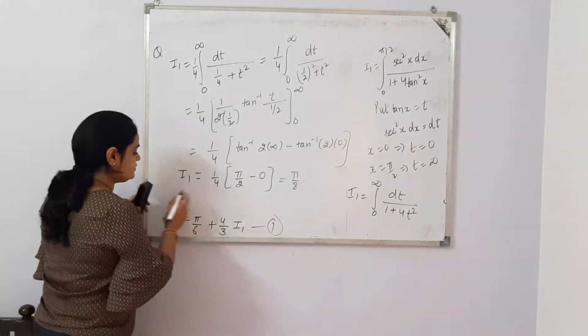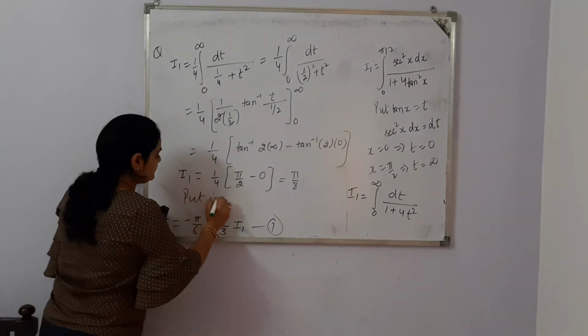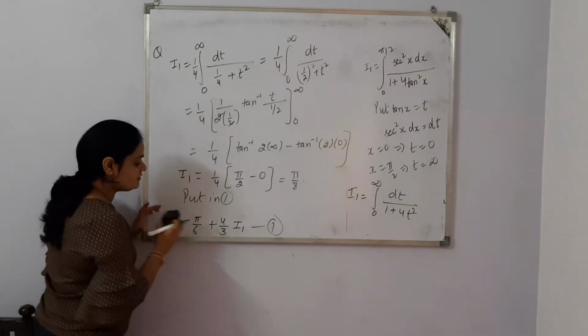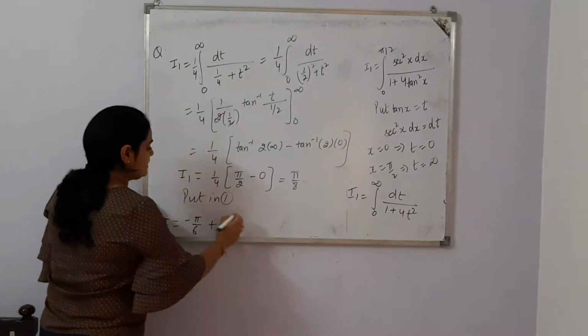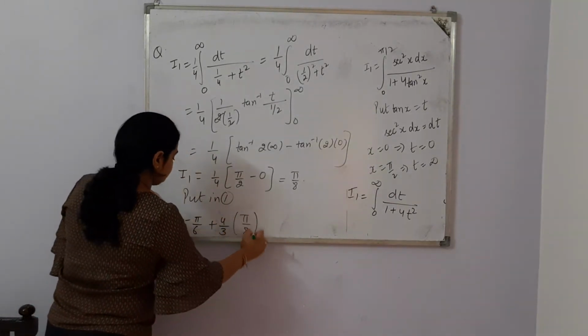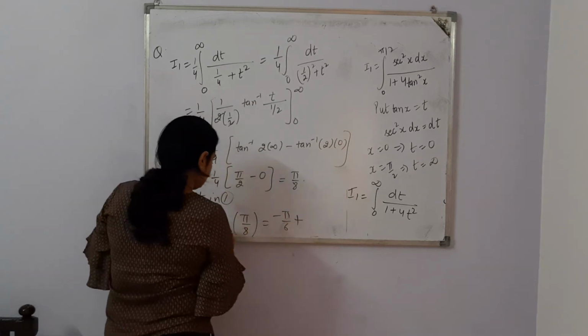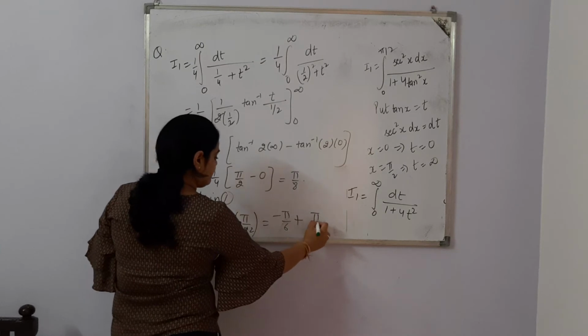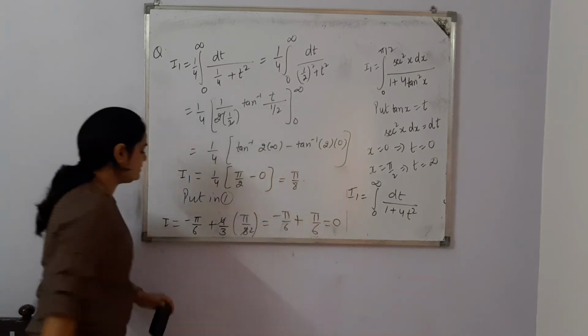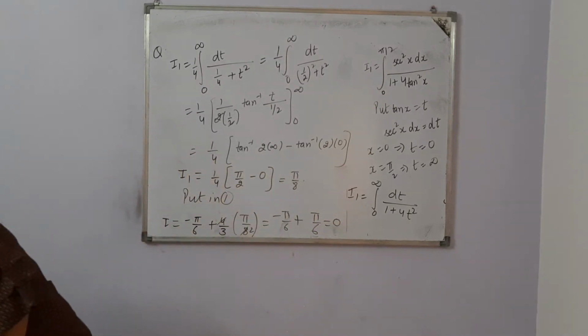So after substituting in 1, what I am getting is minus pi by 6 plus 4 by 3 I1. I1 is pi by 8, which gives minus pi by 6 plus pi by 6, which is 0. I need to check the answer.